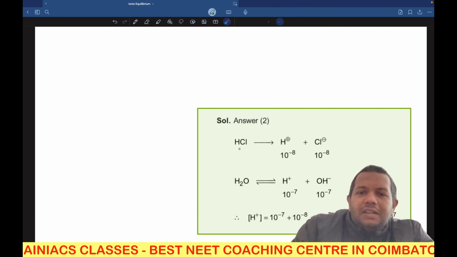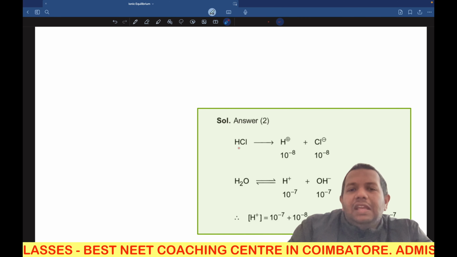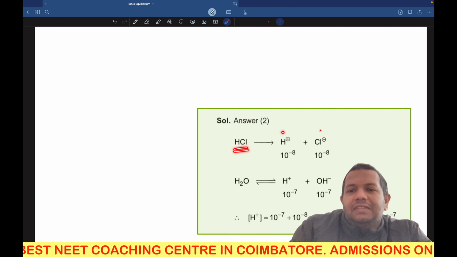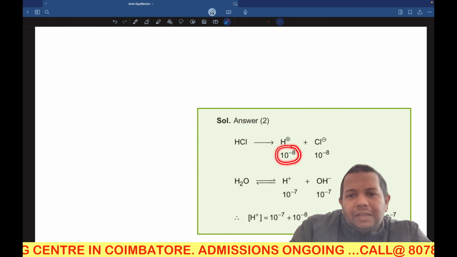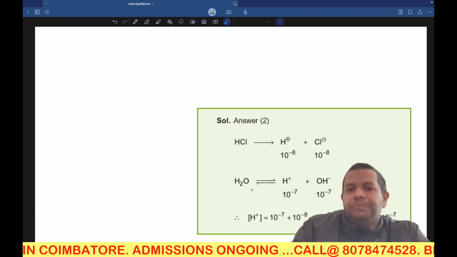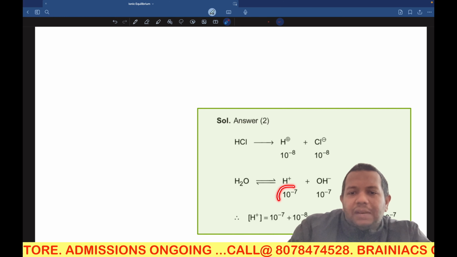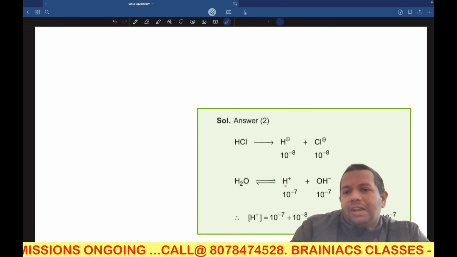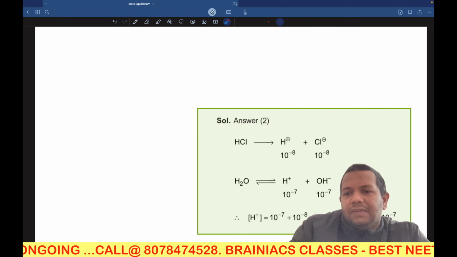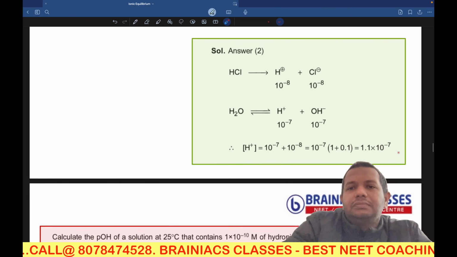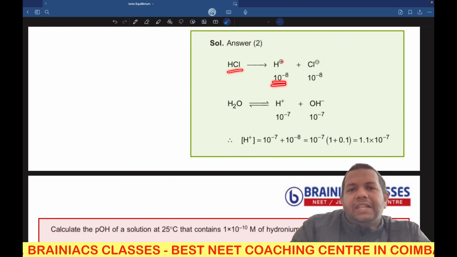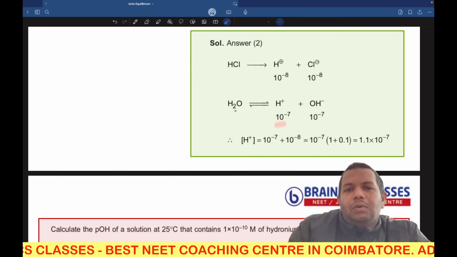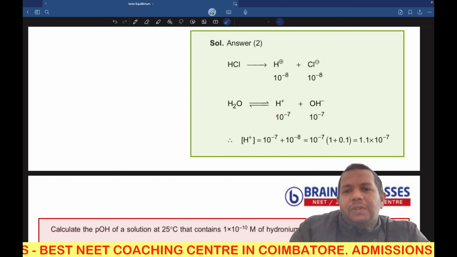Very simple, sir. As we did in our first question, HCl gives you H plus and Cl minus. 1 mole of HCl, so 10 power minus 8 molar means it will give you 10 power minus 8 mole. H2O, we know, provides 10 power minus 7 moles at 298 Kelvin. So 10 power minus 8 moles of H plus given by HCl and 10 power minus 7 moles of H plus given by water.